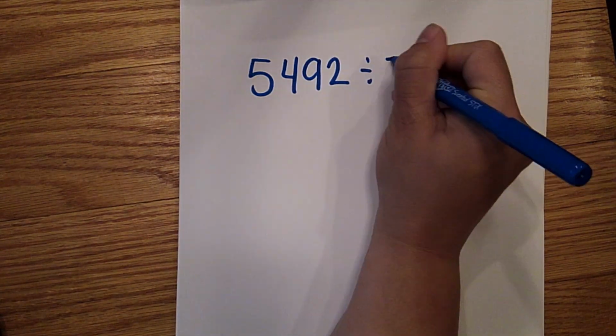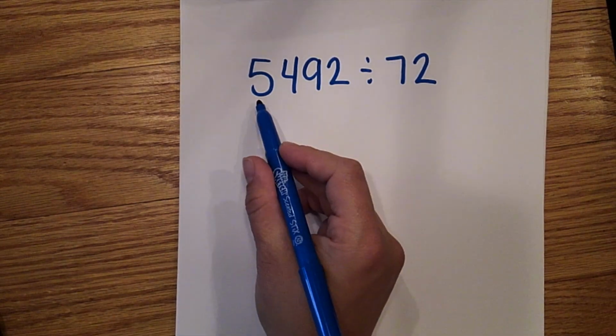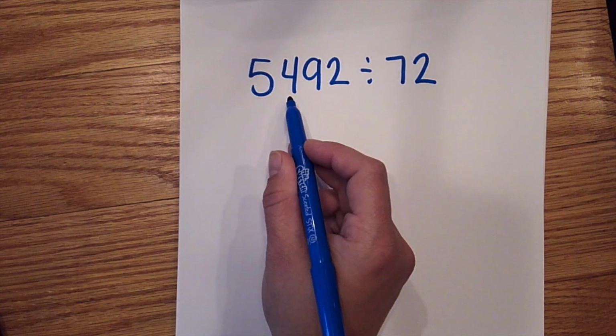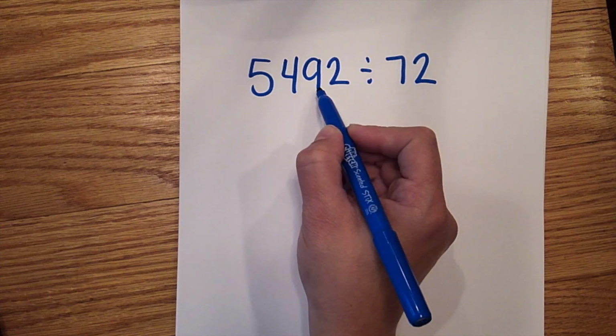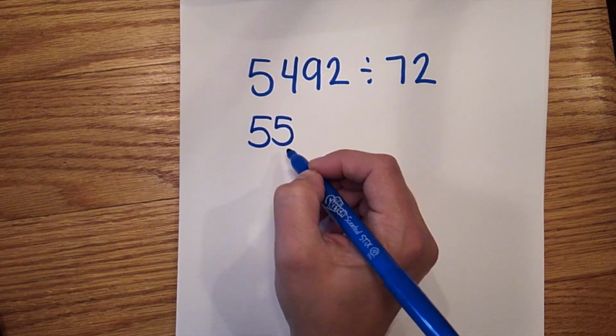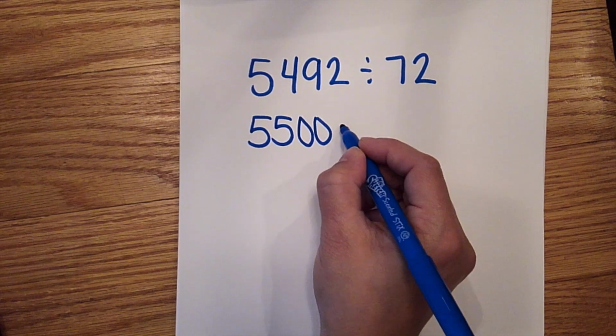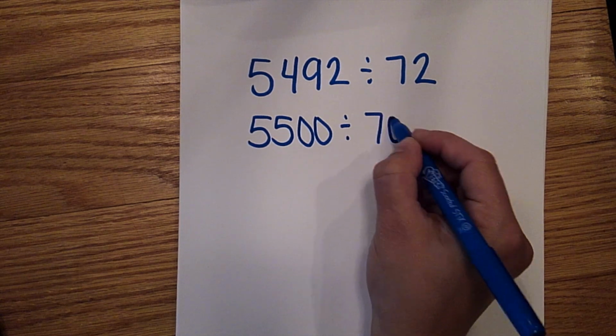5,492 divided by 72. We are going to estimate the quotient. So when we look at 5,492, let's round it to the hundreds place. The 9 is going to tell the 4 to become a 5. So this 5 is going to stay the same, and everything behind it is going to become a 0. The 72 is going to become 70.